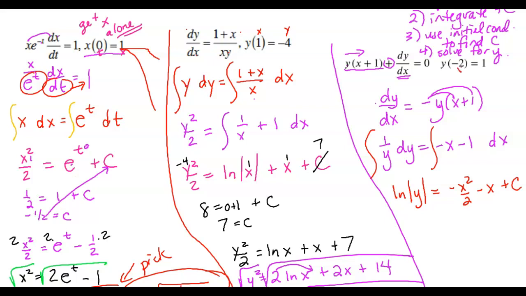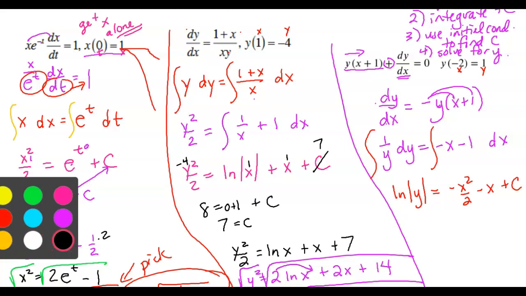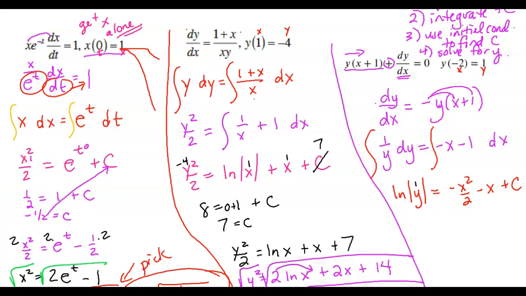So we know x is -2, y is 1 for us to substitute. So y is 1, x is -2. So the natural log of 1, once again, is 0. E to what power gives you 1? Let's see, -2 squared is 4. There is a negative on the outside. So 4 divided by 2 is 2, and there's a negative.